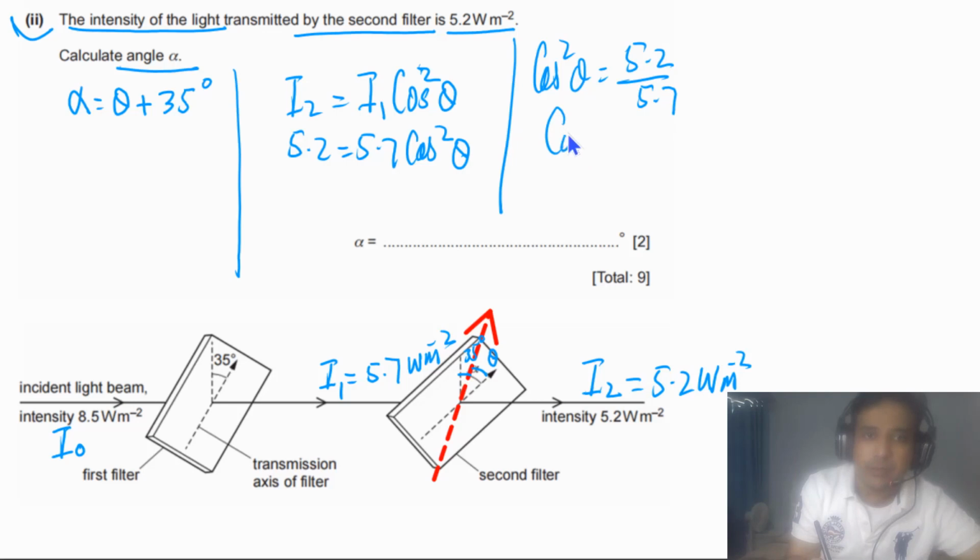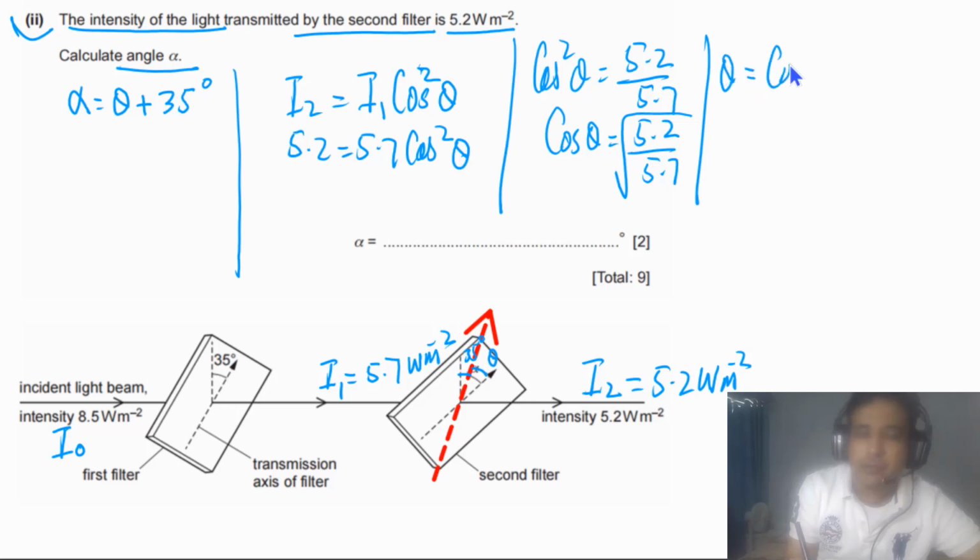Then we can take square root on both sides. We will get the root of 5.2 divided by 5.7, and from here we can determine the value of theta. Theta will be equal to cosine inverse of the root of 5.2 divided by 5.7. If we solve this one, we will get theta is equal to 17 degrees.